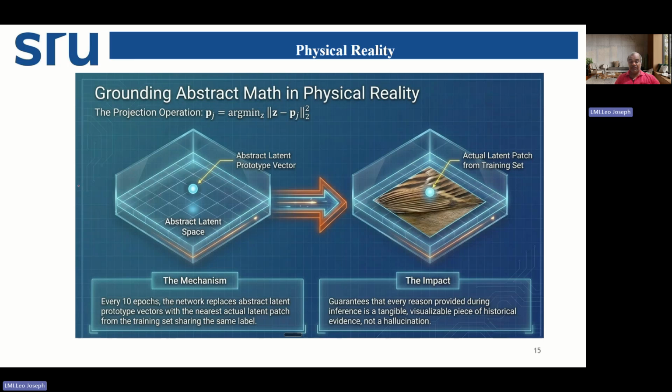So every 10 epochs, only after 10 training, the abstract latent prototype vector with the nearest actual latent patch will be taken into consideration, from the training set sharing the same label. So every 10 epochs, this will be matched with the input image, and it will check whether we are getting the same scores or not.